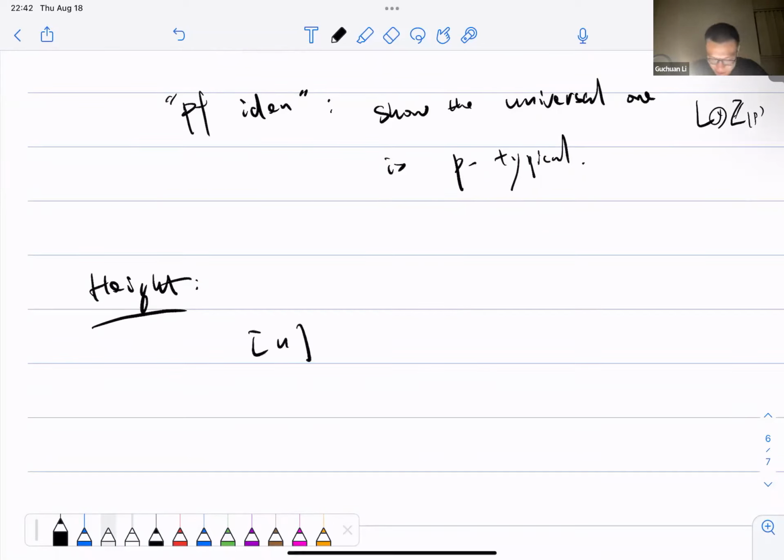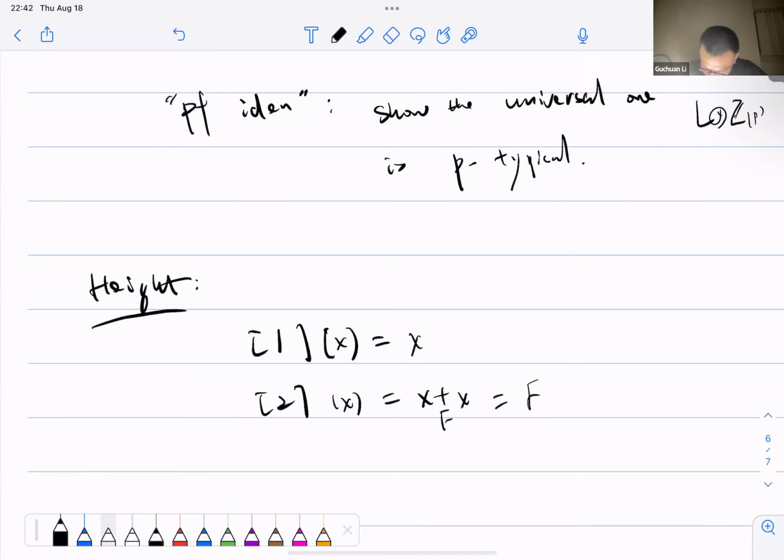So for a number n, I can define this formal power series. So maybe let me just define the first one. This is just x. And the second one is x formal sum x, which is just f(x, x). So this is given a formal group law f.